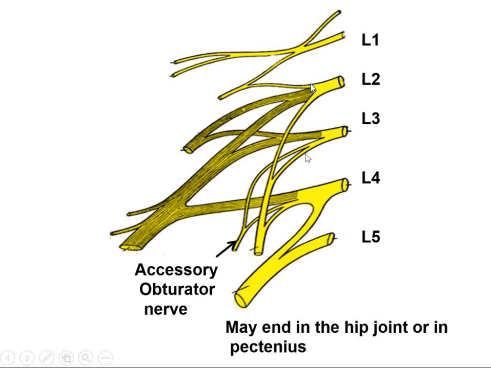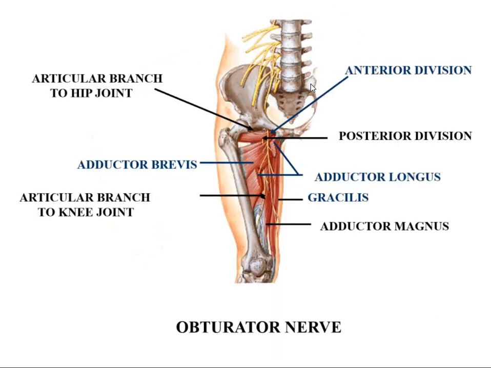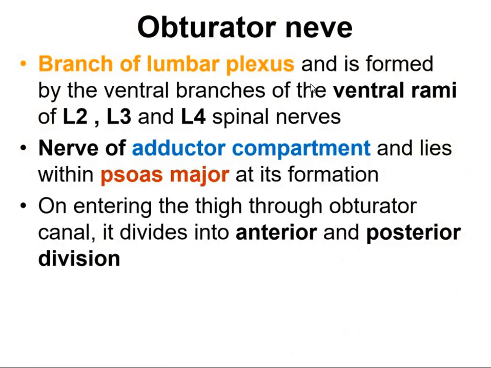These ventral rami combine and form the obturator nerve. Then there can be a branch from the L3 and L4 ventral rami that will combine and form the accessory obturator nerve. Okay, so it is the nerve of the adductor compartment, as you all know.